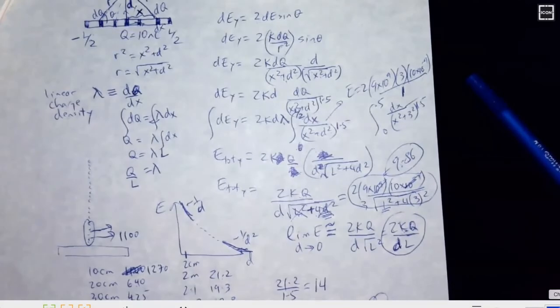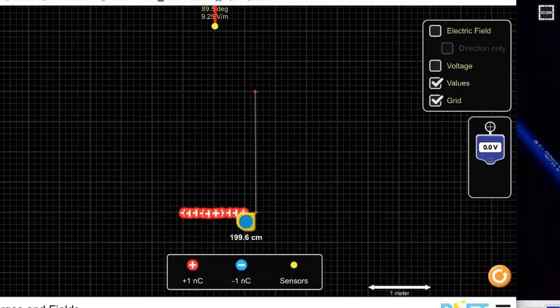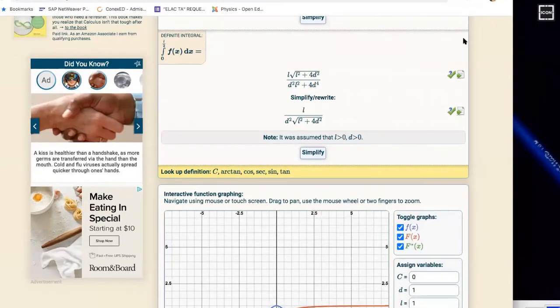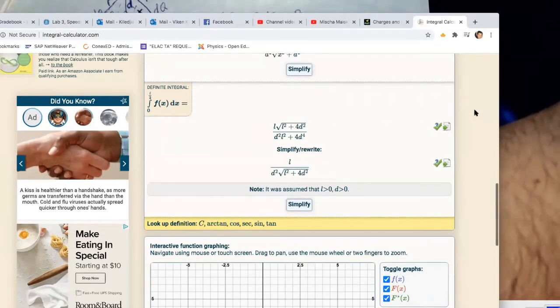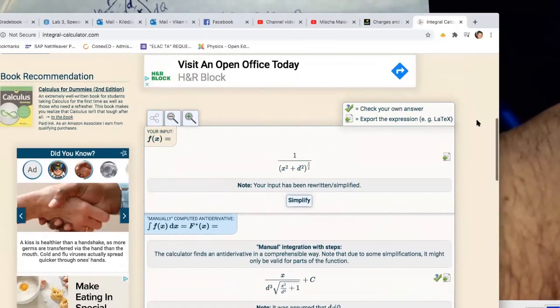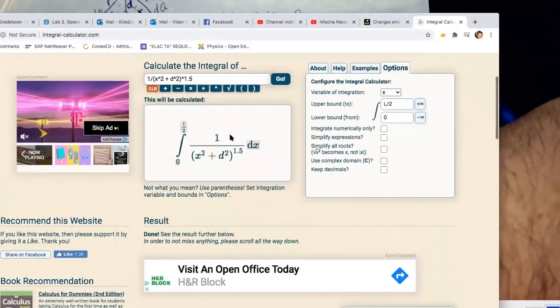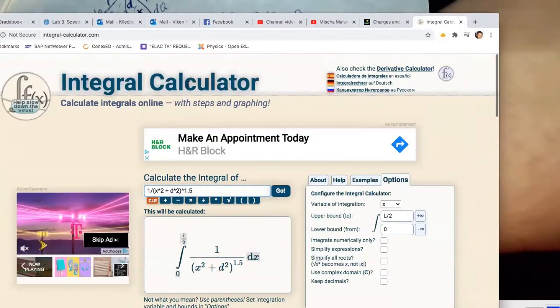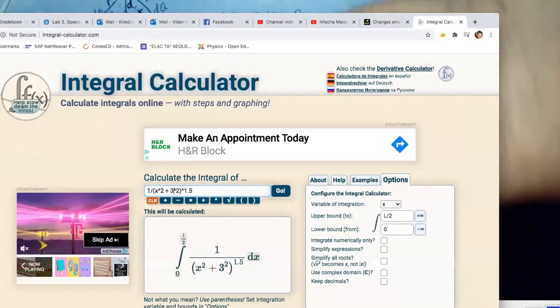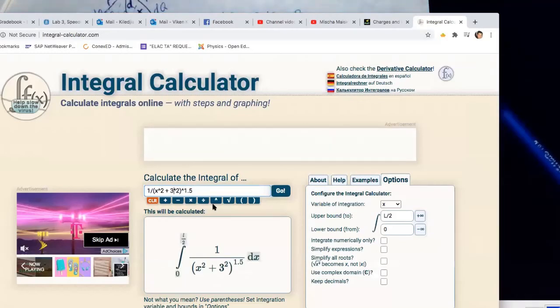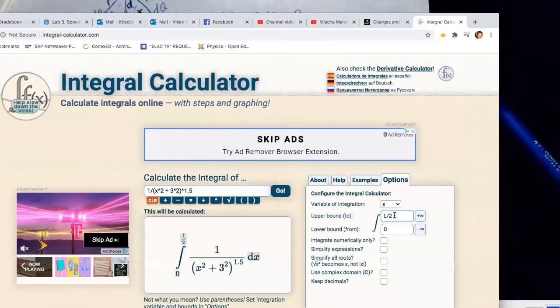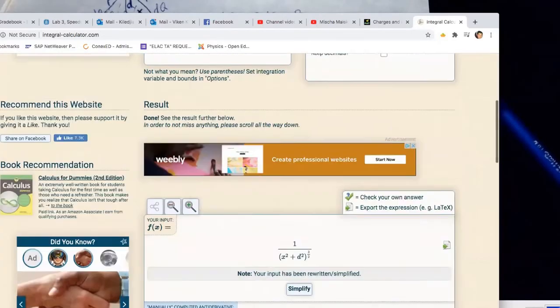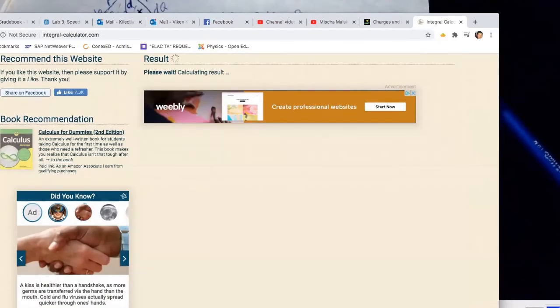So then you would just go to the integral calculator, scroll up. Over here, put 3 for the distance. And over here, put half a meter. There you go, and then press enter. Now it's going to give you a numerical answer.